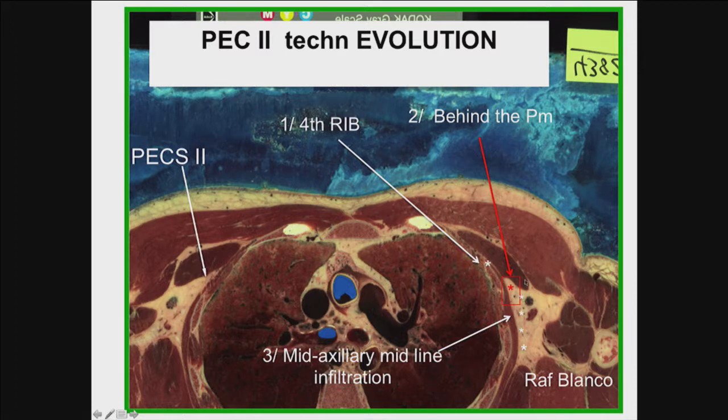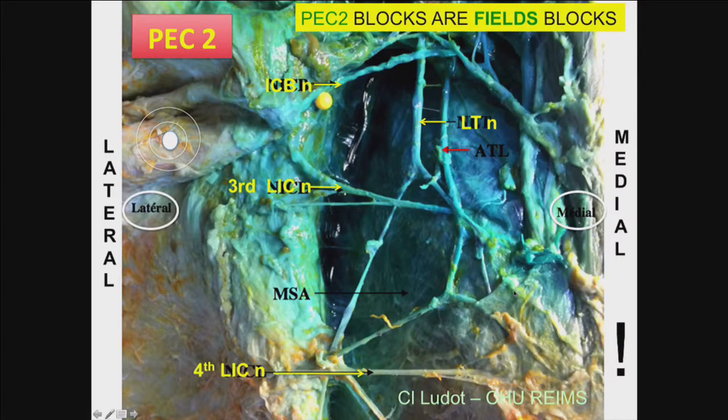It means that you are doing, in fact, an infiltration in this area, with the result that you have methylene blue here, dye, in all this area. But if this is the intercostobrachial nerve, this will be the 3rd intercostal nerve. This will be the 4th intercostal nerve.